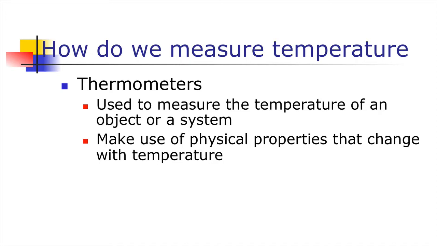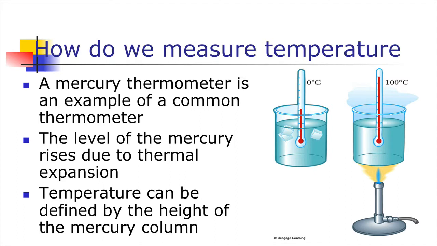So how do we measure temperature? Temperature is measured using thermometers. Most of the time we use a special kind of liquid, such as mercury, inside the thermometer that usually expands with temperature increment and contracts with temperature decrement.